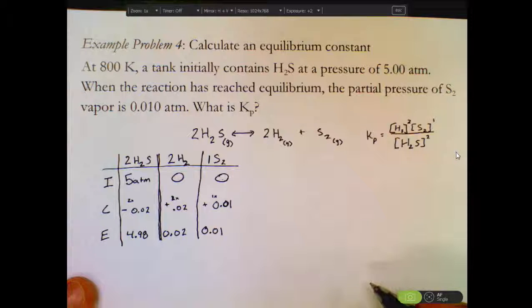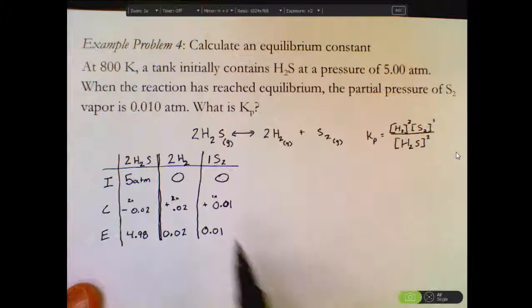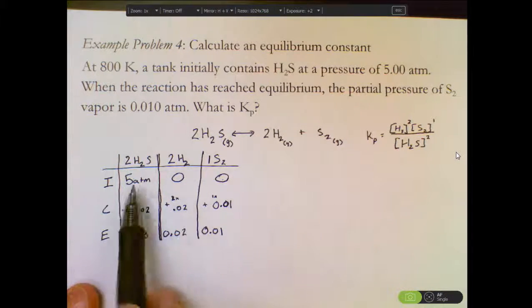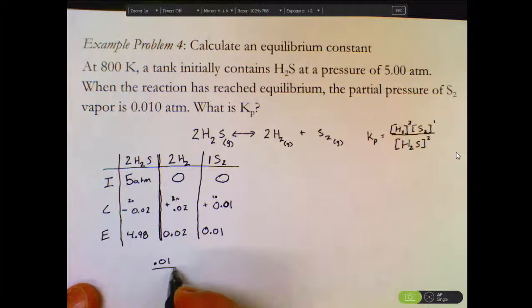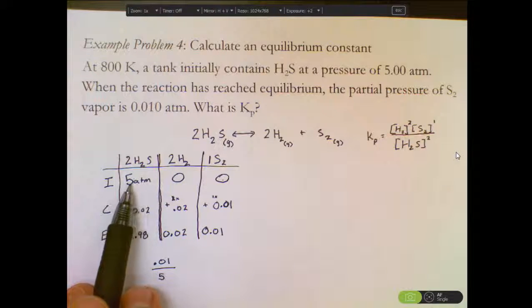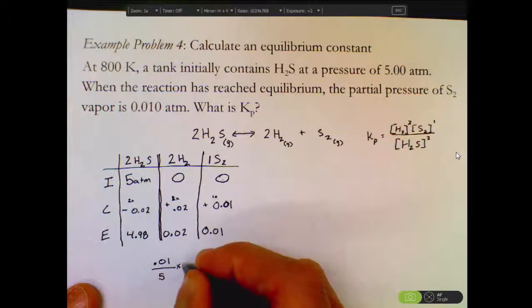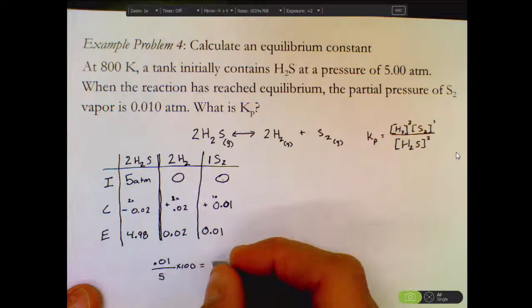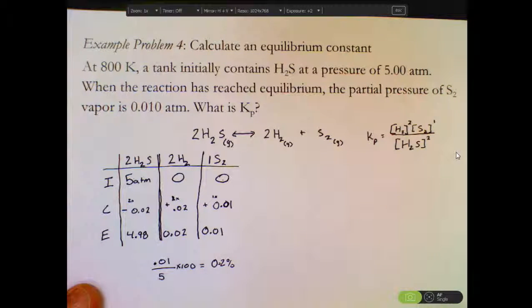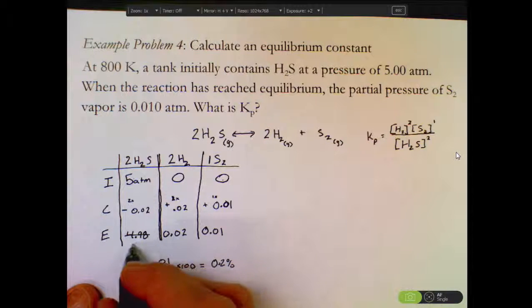One thing though that we can do is take a liberty here and find out how big x is compared to our initial quantity. Since 0.01 divided by 5, I'm getting 0.01 because that's a product concentration compared to an initial reactant concentration. Since this is less than 5% or smaller, this basically remains unchanged.